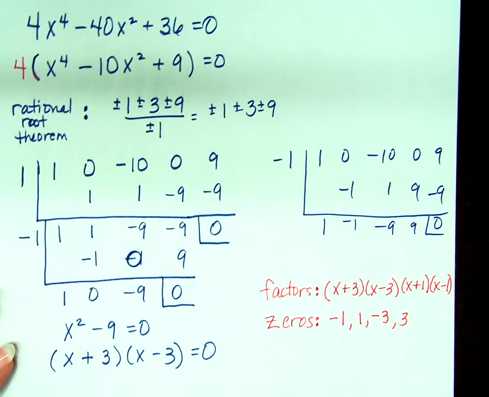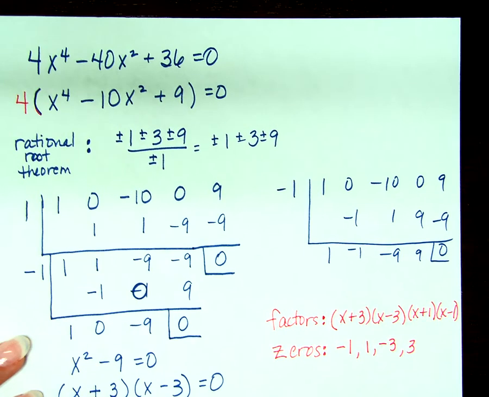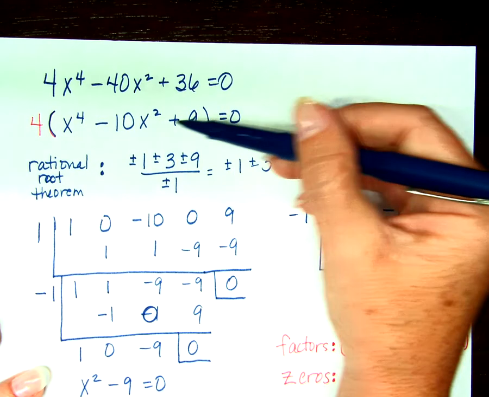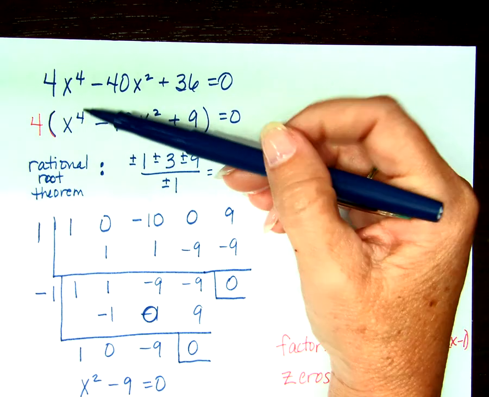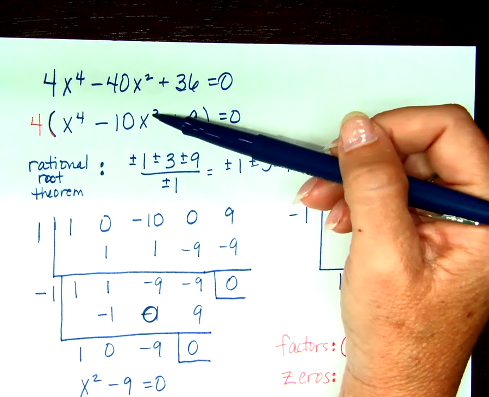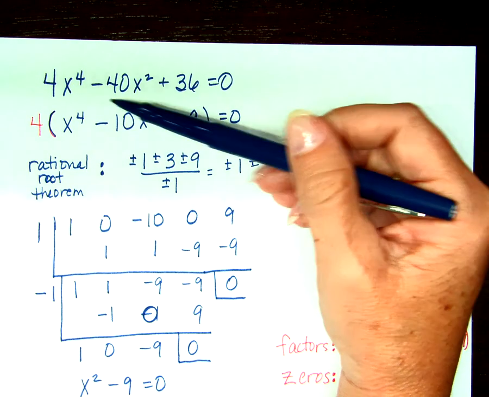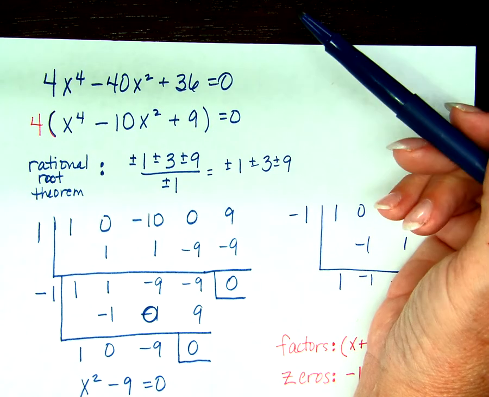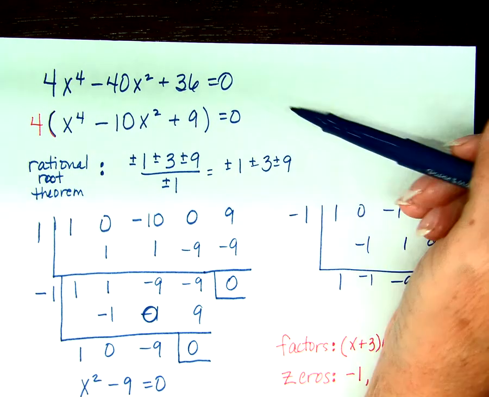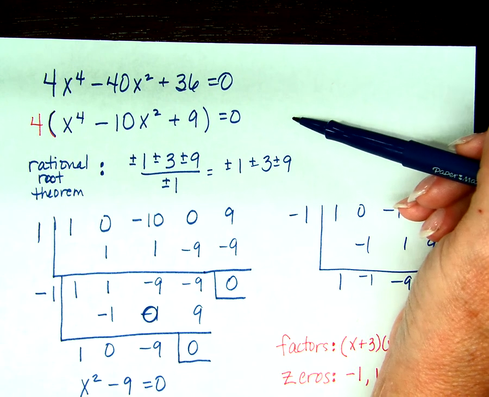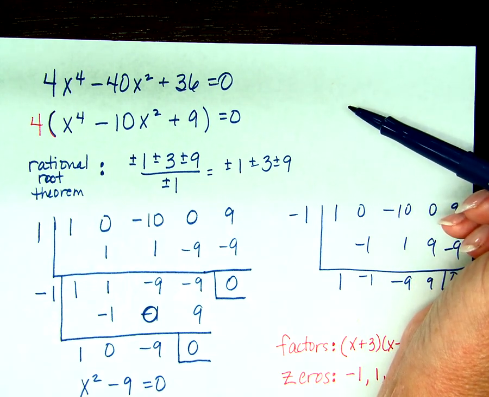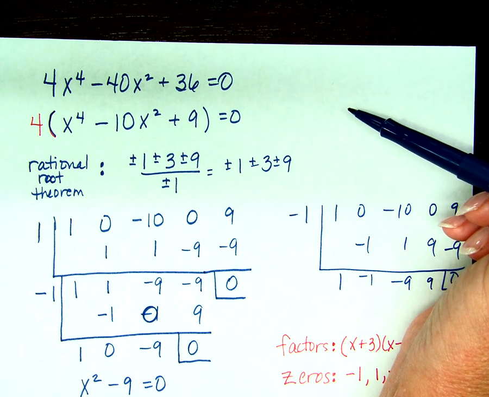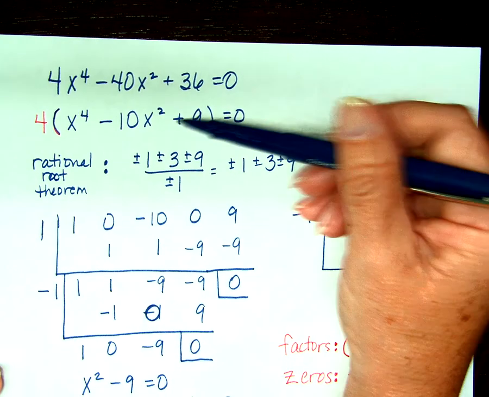Now, I saw some of you thinking back up here that it's a trinomial, similar to a quadratic, where I could have found numbers that multiply to 9 and add to negative 10. Couldn't I have done that? And I would have gotten x squared minus 1 and x squared minus 9, which both happen to be the difference of squares, and you could have gotten x plus 1, x minus 1, x plus 3, x minus 3 from the very beginning.